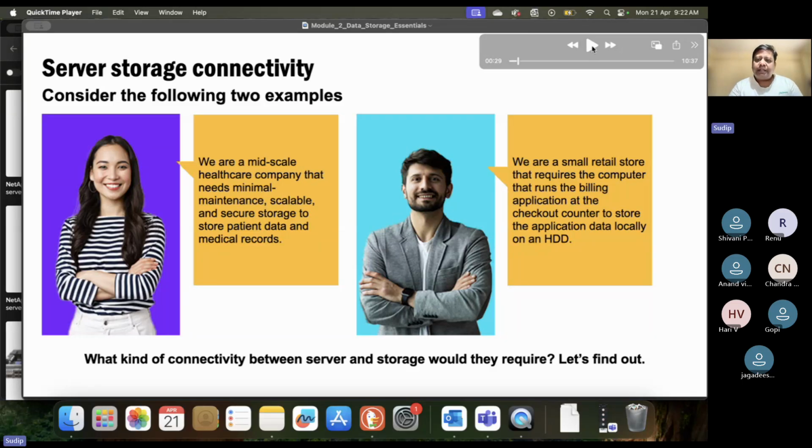We are going to find that out, because the gentleman on the right, that person's requirement is pretty small, whereas the requirement of the lady on the left is huge. It's on the higher side. So you cannot have the same kind of storage architecture for both. We are going to find out which architecture suits what kind of requirement.